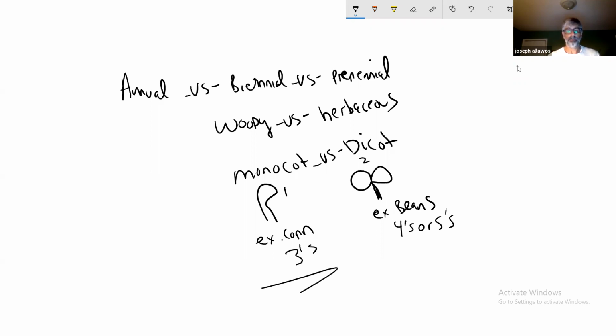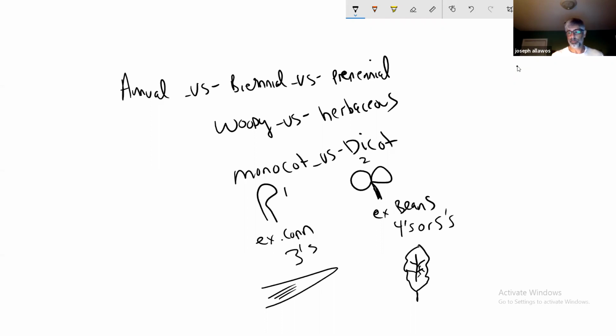We talked about leaf veins being parallel in a monocot and reticulate, which means branched like a spider web, in a dicot. So that's 1, 2, 3 ways to tell them apart. Count the cotyledons, count the flower parts, look at the veins.